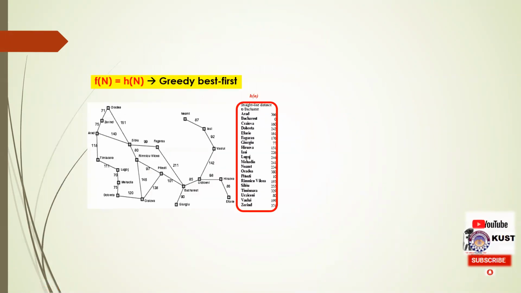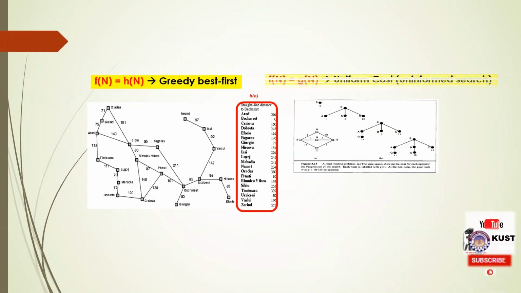Greedy search minimizes the estimated cost to the goal and thereby cuts the search cost considerably. Unfortunately, it is neither optimal nor complete, as we have seen in our previous lecture. Uniform cost search, on the other hand, minimizes the cost of the path, and so far it is optimal and complete, but can be very inefficient.